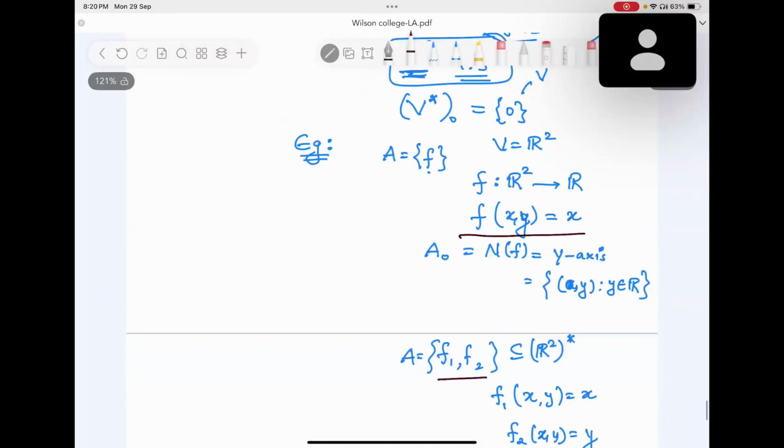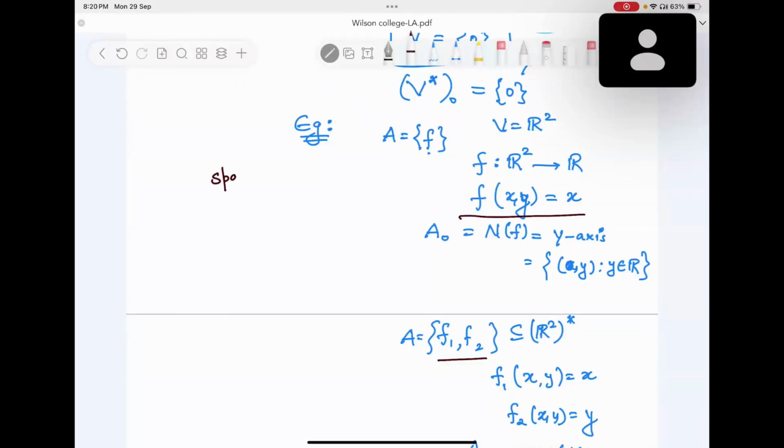Now take span of A. Here A is the singleton F. So this is a subspace, and this annihilator is equal to A annihilator.